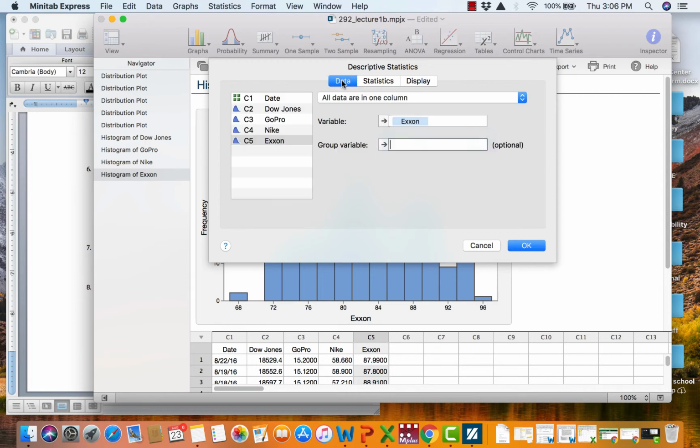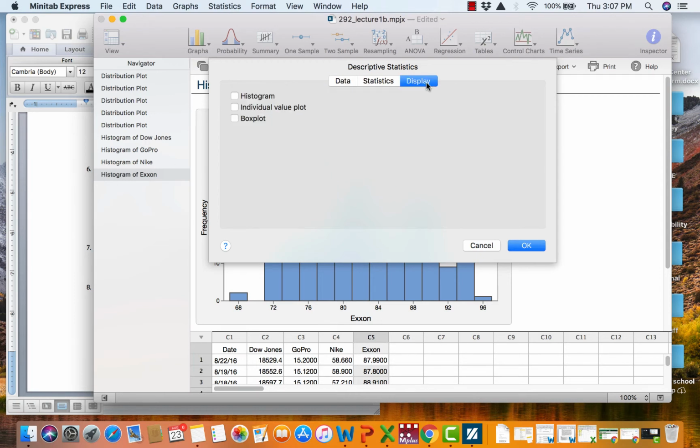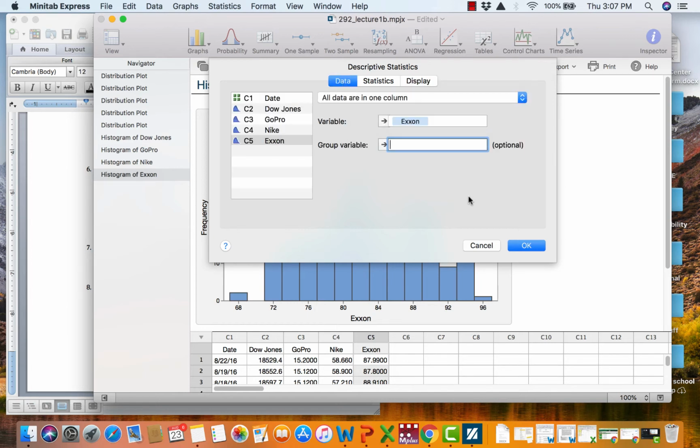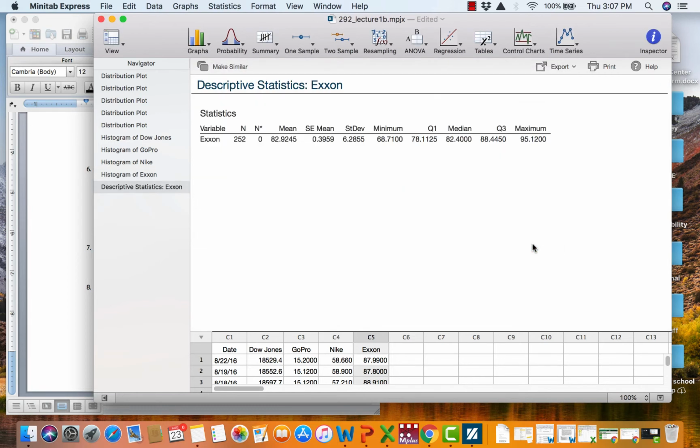I'm just going to leave it on the default. You can also get a histogram here or a box plot, as you may recall from Intro to Stats. But again, I'm just going to put in Exxon and say okay. I only need the mean and the standard deviation. So here is the mean at 82 and some change. Here is the standard deviation at 6.2855.